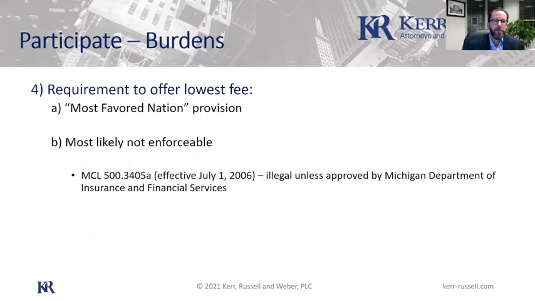A most favored nation provision says that I'm going to pay you X for procedure A, unless you are performing procedure A and getting paid less by some other dental plan or insurer. If that's the case, I'm only going to pay you the lowest fee that you have agreed to accept from all other insurers and dental plans.